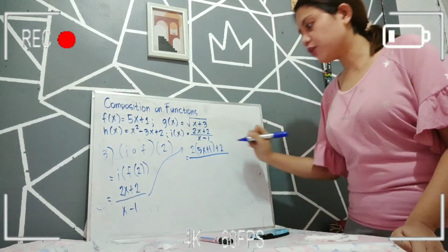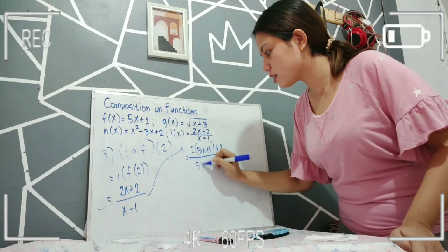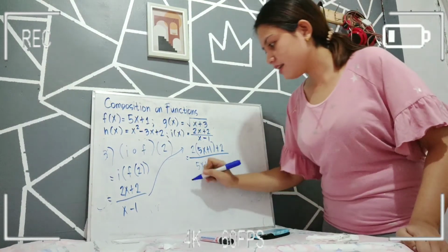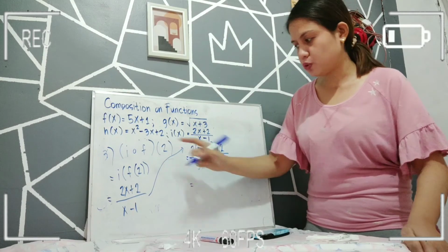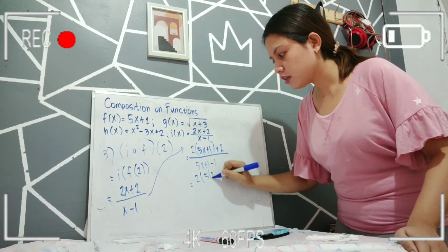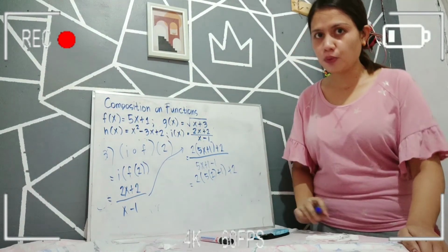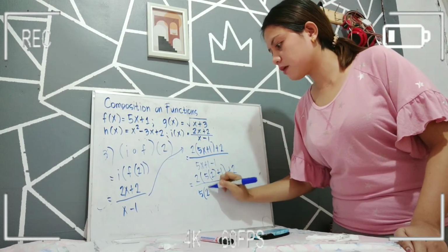So we have over x. Instead of writing x, you change it by 5x plus 1 minus 1. Then, di ba remember na anti-value na sa x, which is 2. Okay, pwede na natin i-replace daan 5 times 2 plus 1 plus 2 over 5 times 2.